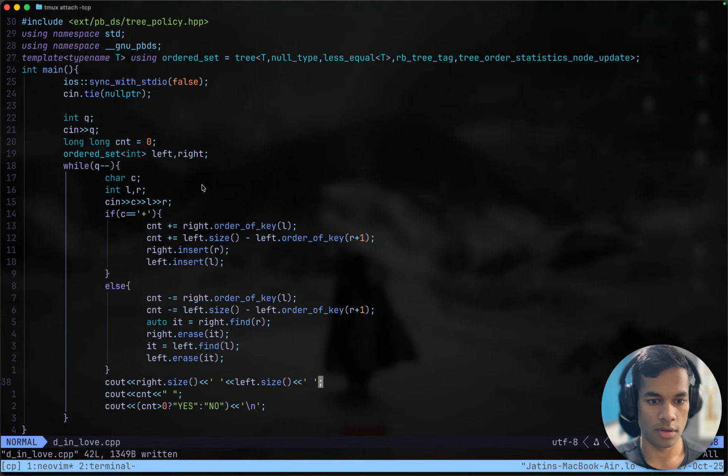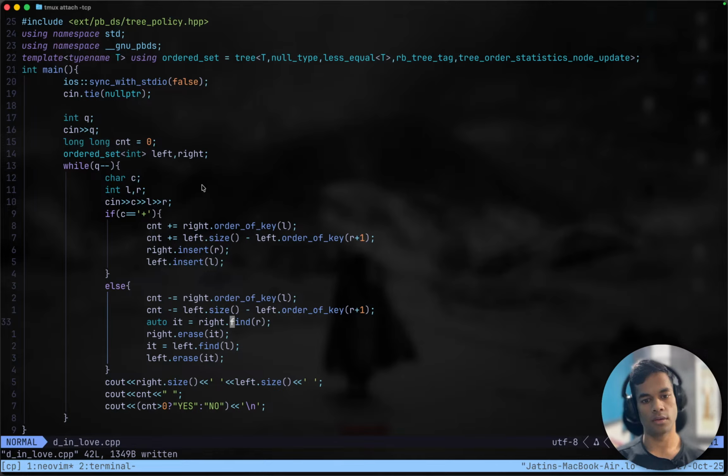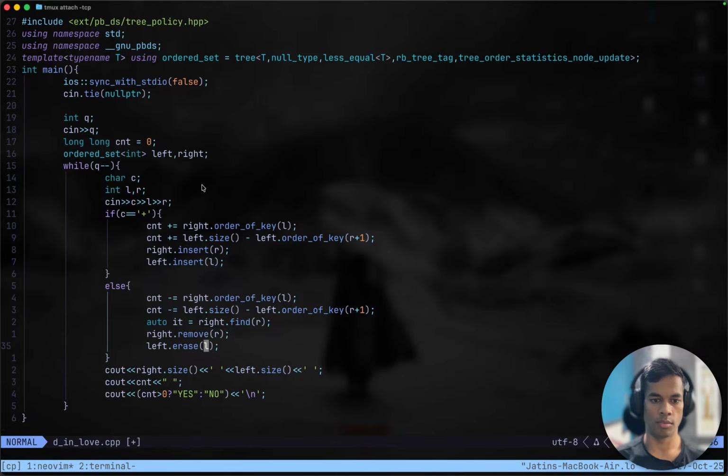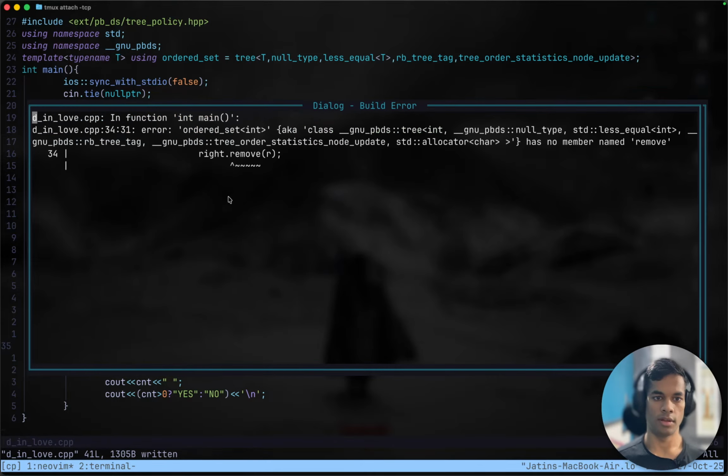Size is not decreasing. Erase this iterator. Yes, erase. Why is the iterator not erasing? If I use remove right and here remove left, this does mess up things.